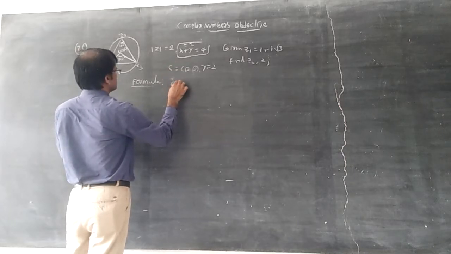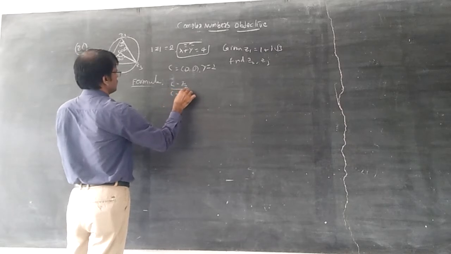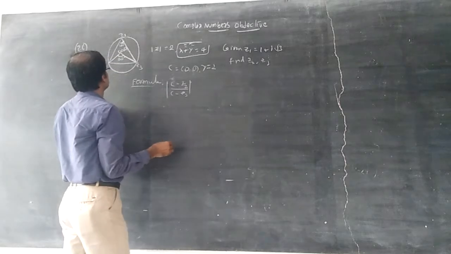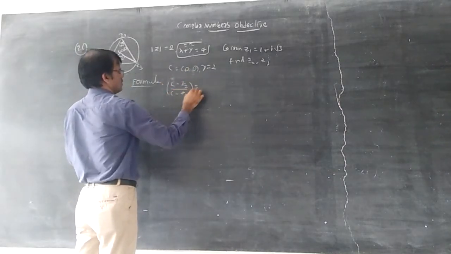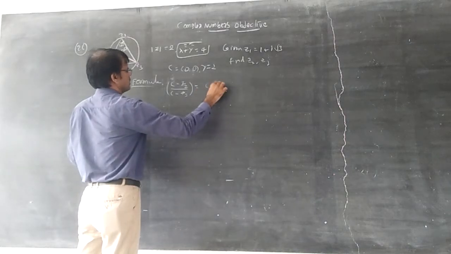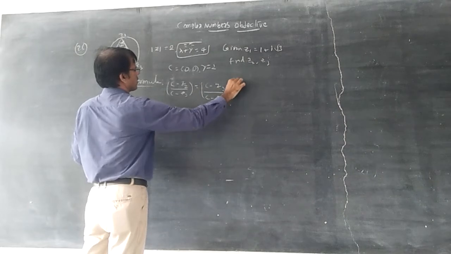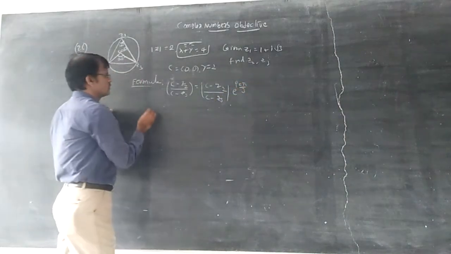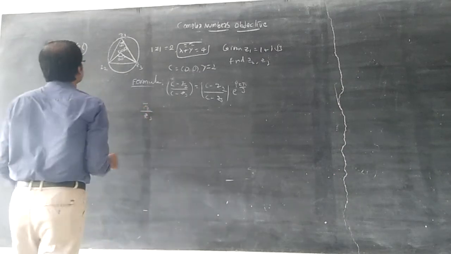Let us write C minus Z2 by C minus Z3, where C is 0. This is simple. It is modulus of C minus Z2 by C minus Z3 into e power i into 2 pi by 3. So here you can write Z2 by Z3.